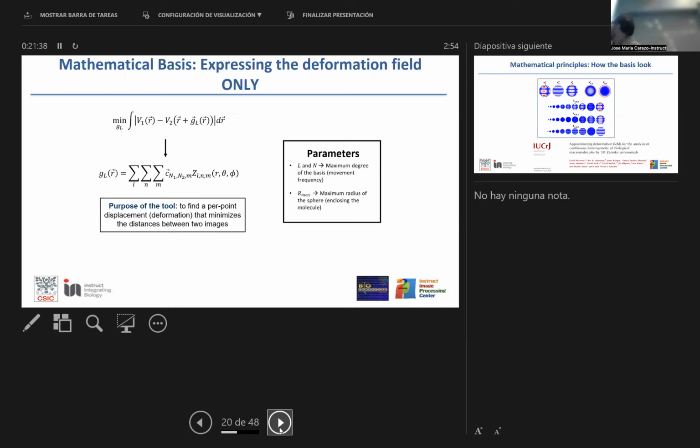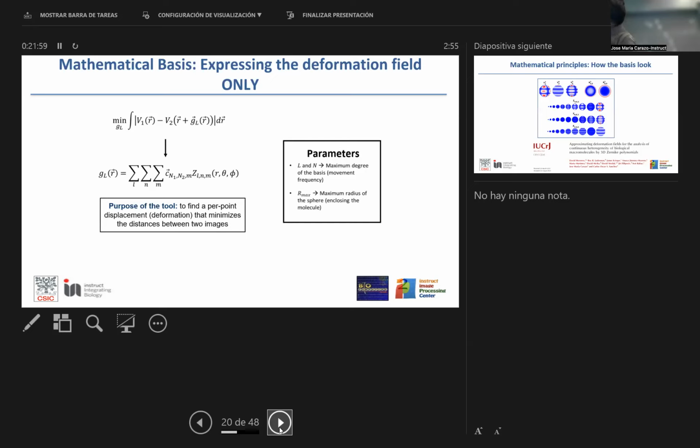So I am telling you that in our case, the modeling is that you have a certain conformation, that is your average conformation, and you are going to deform that conformation with a flexibility field.